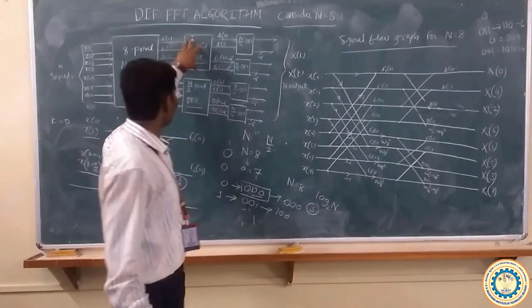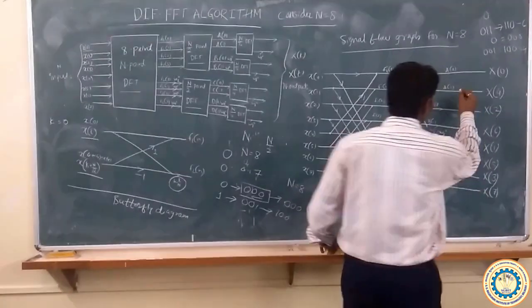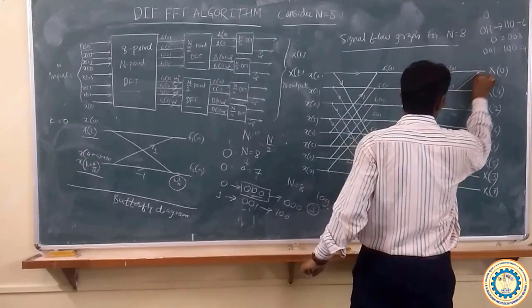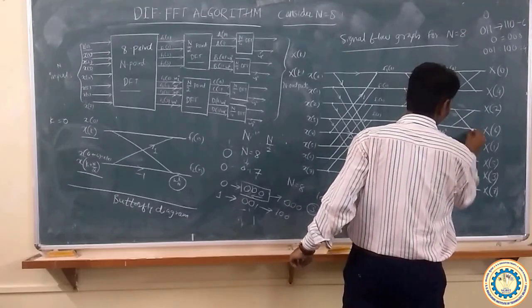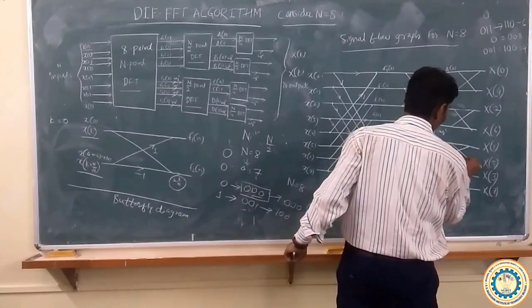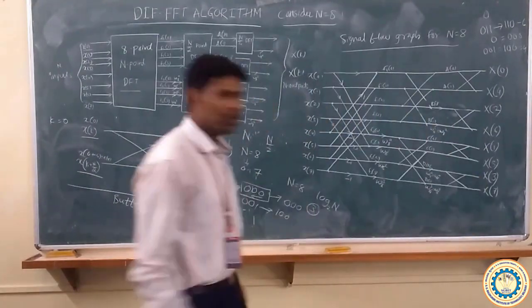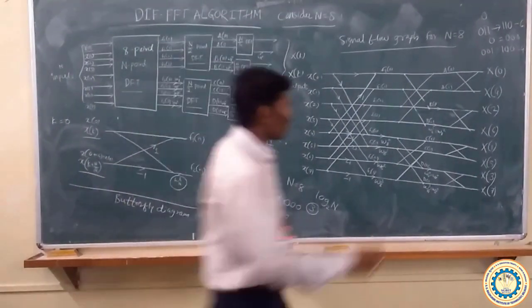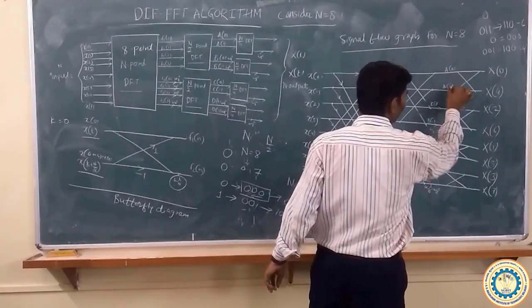Now let us decimate this into 4-point DFT. Again, here I will get 2-point DFT. Yes, these are the 2-point DFTs. The input for the first 2-point DFT is a of 0 and a of 1.